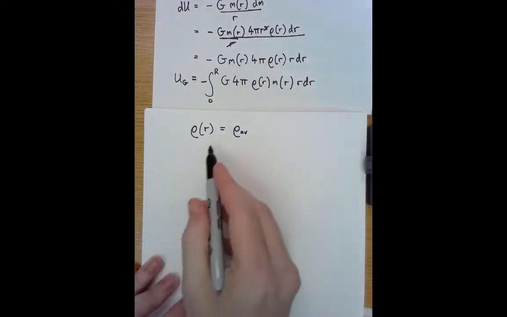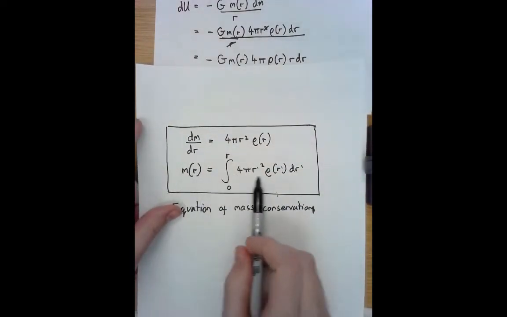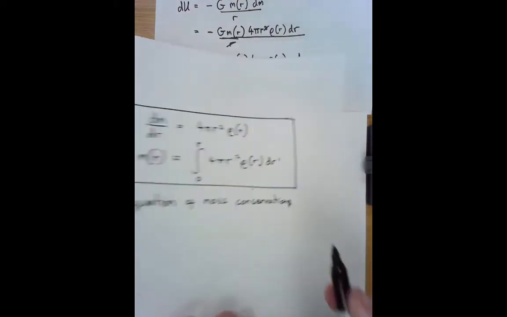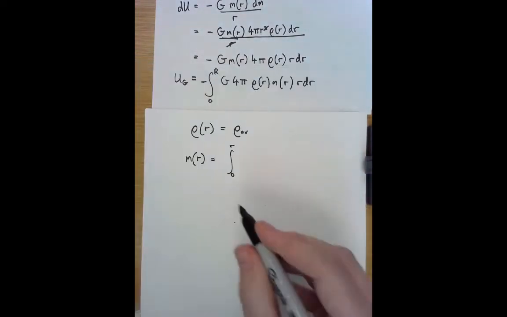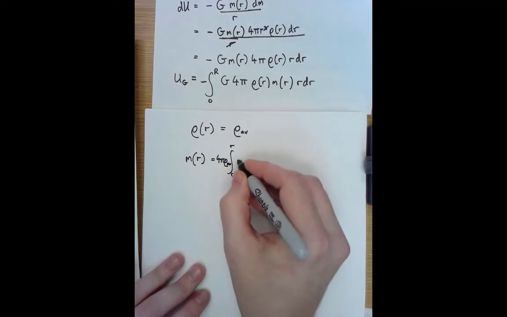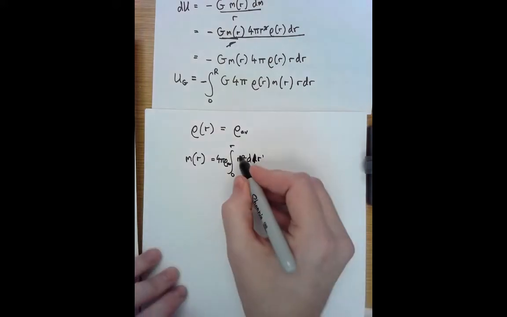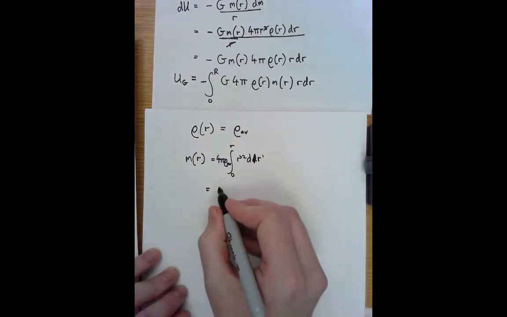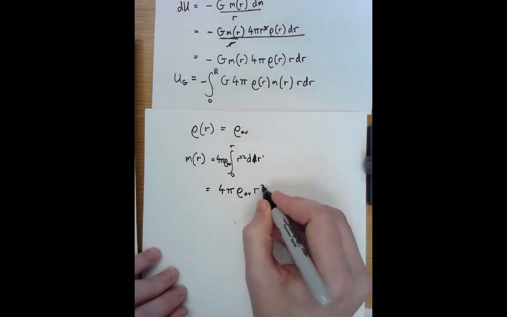Before we do that, with this assumption, we can also solve this integral equation, the equation of mass conservation, pulling the constants outside of this integral. We've got 4 pi rho average times r prime squared dr prime. r prime squared dr prime integrates to r cubed over 3, so we get 4 pi rho average r cubed divided by 3.